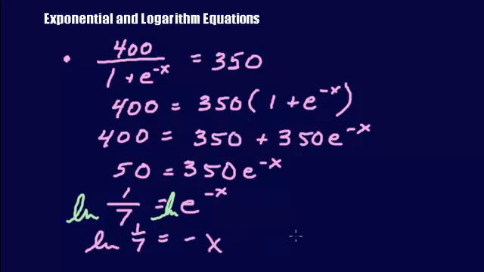So then x is going to be negative the natural log of 1/7. And you could actually say that this is a negative exponent and bring it out to this negative exponent. Make it look a little bit simpler by saying x equals the natural log of 7 over 1, or the natural log of 7.